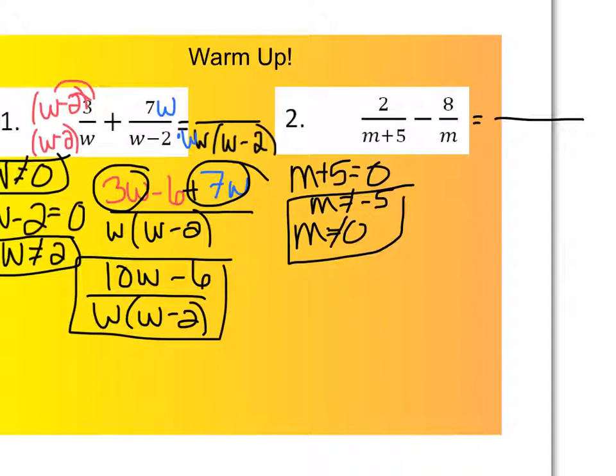This one, the common denominator should have been an m and an m plus 5. First fraction has the m plus 5, so it needs the m. Second fraction has the m, it needs the m plus 5.